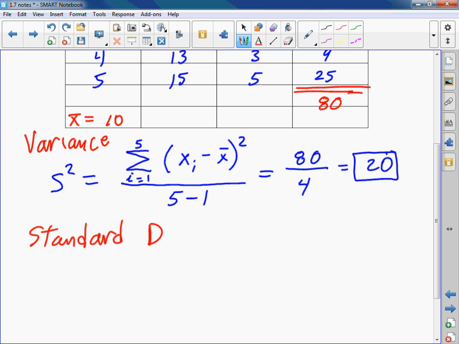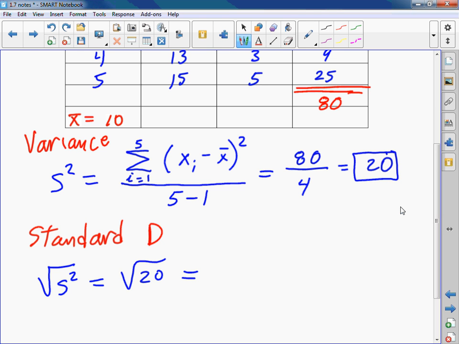Okay? So standard deviation is the square root of s squared, the variance, equals, in this case, the square root of 20 equals, I don't want decimal yet, I want a radical expression. Square root of 20, what do you have? No, not yet, Megan.